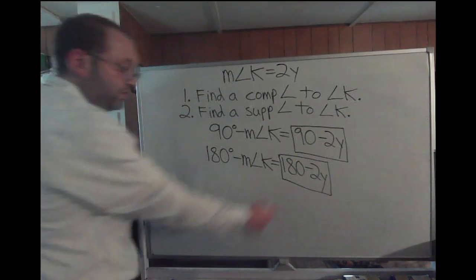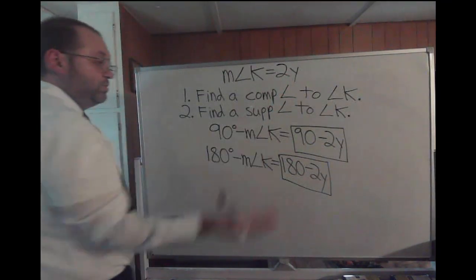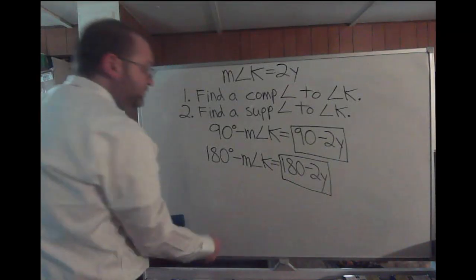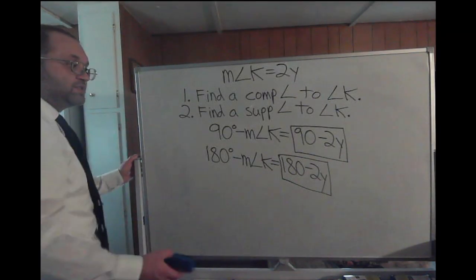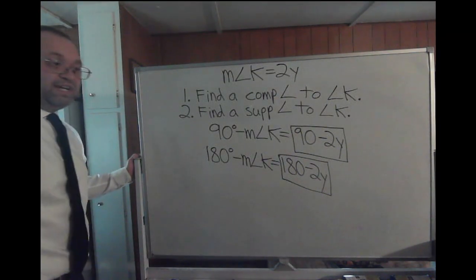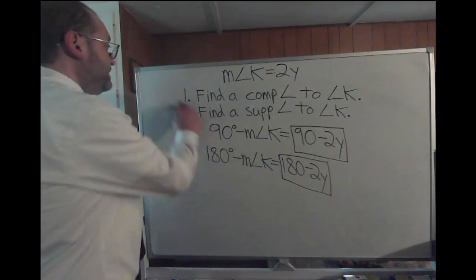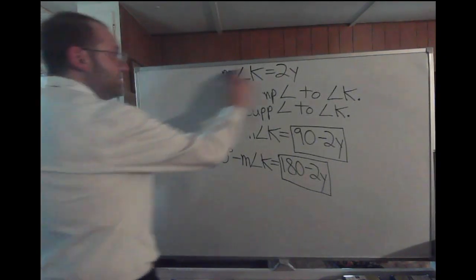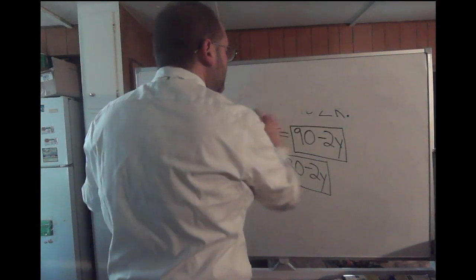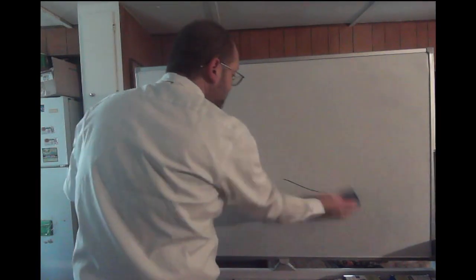And if you add 180 minus 2y plus 2y, you'll get 180 degrees, proving that the two angles are supplements. So that's really it for complementary and supplementary angles. I think those are pretty easy. I have no theorems for those two today. At least today. There will be theorems on them in the future, but they're not coming today.